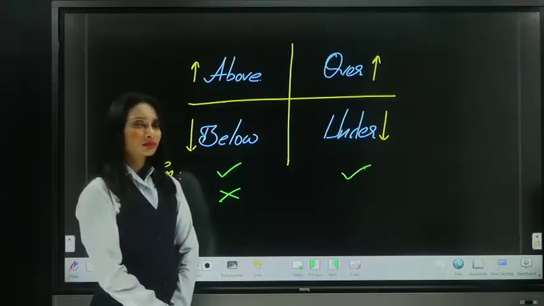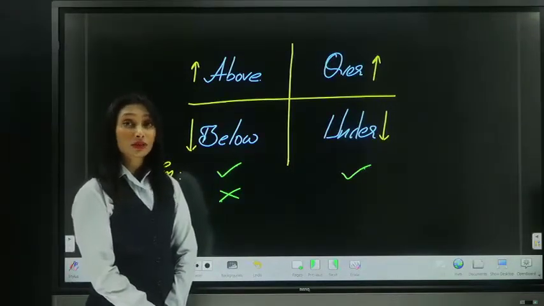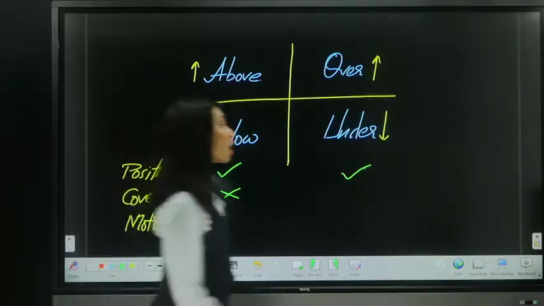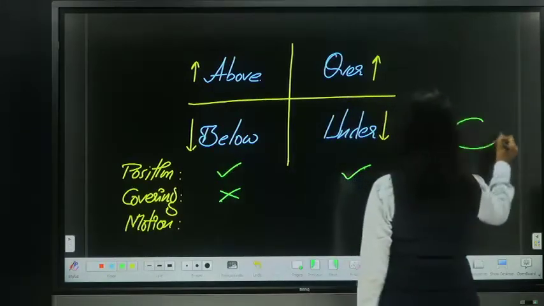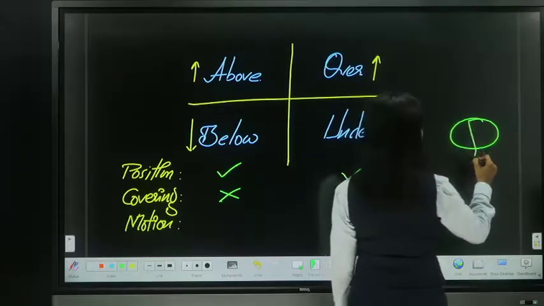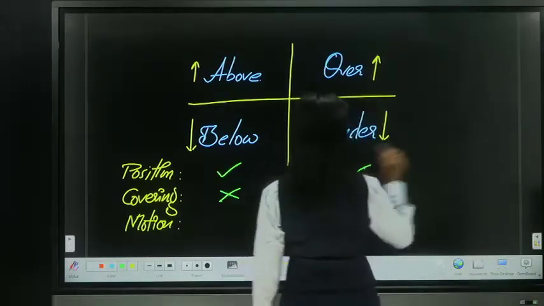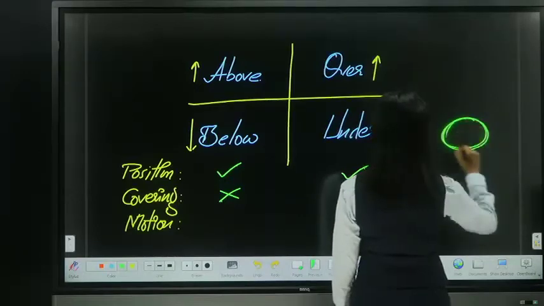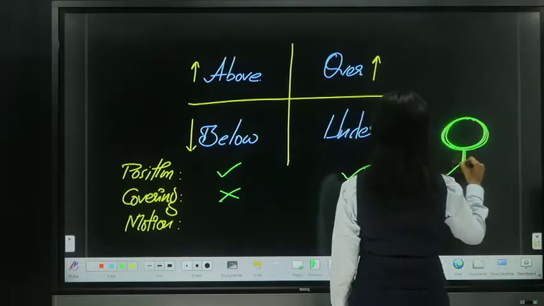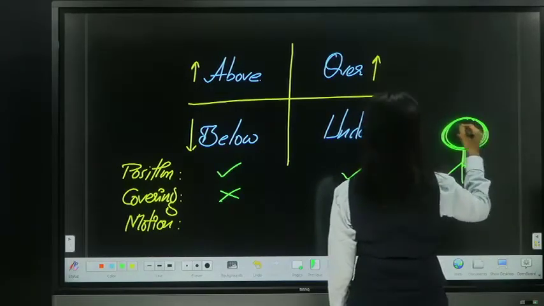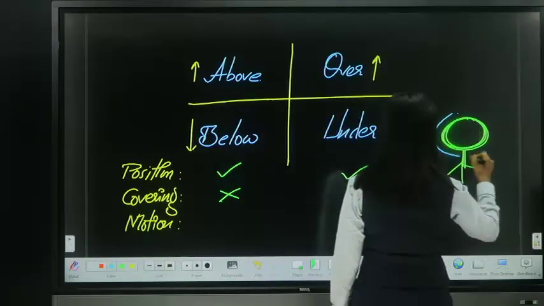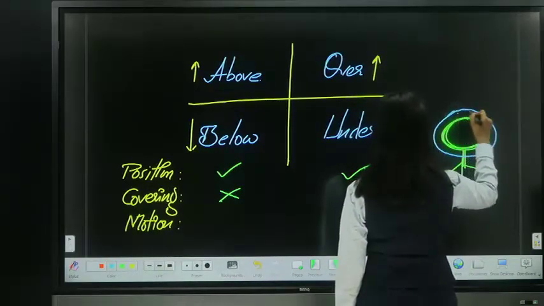Now, over and under. The cloth is over the table. I'm not talking about the cloth on the table. I said the cloth is over the table. Assume this is a table. That means the cloth is covering the table.